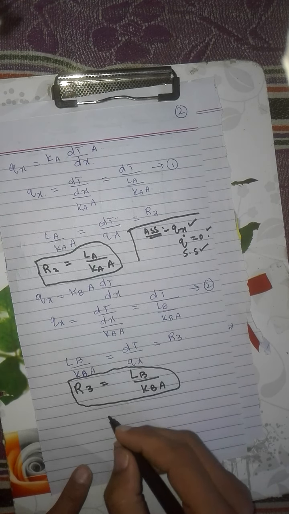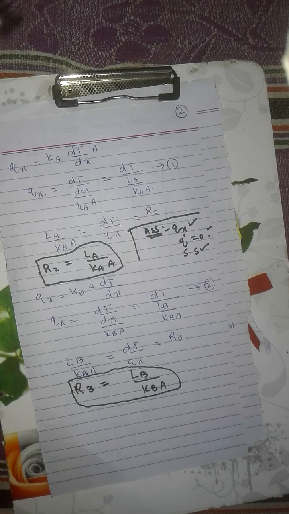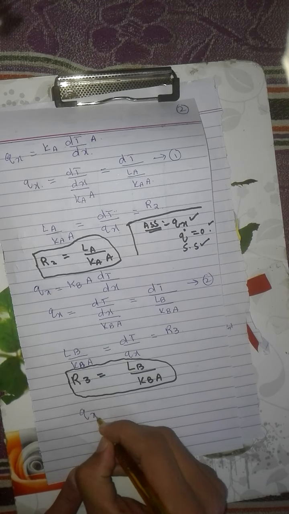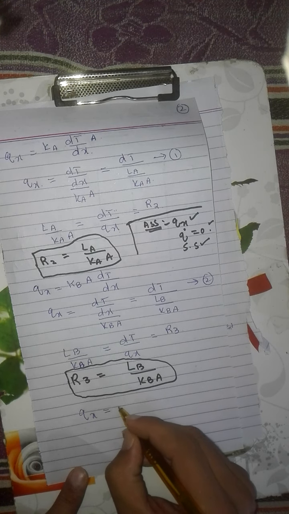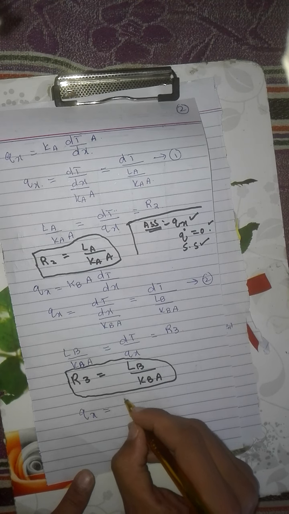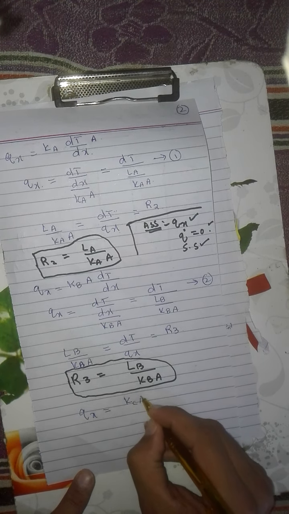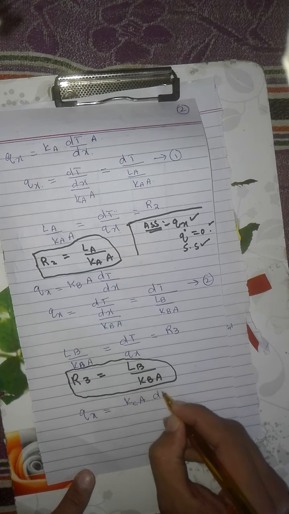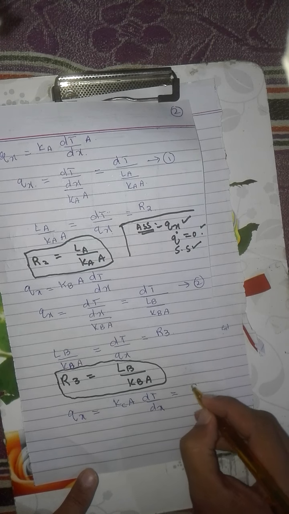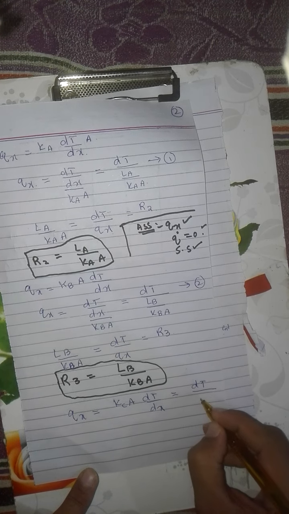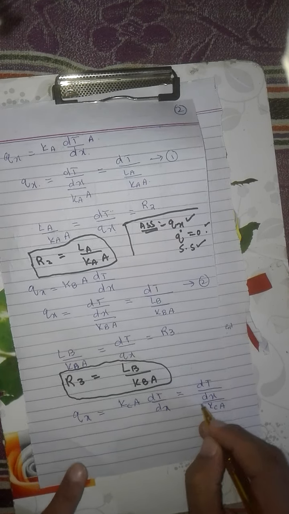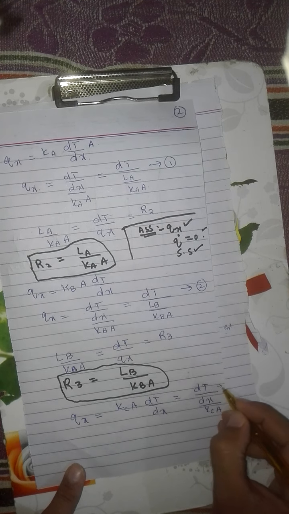Similarly, for wall C, from our assumption that the heat transfer is only in the x direction, the Fourier law of heat conduction is Kc into cross-sectional area into dt by dx. Now rearrange this equation: we will get dt by dx divided by Kc into area. Suppose this is equation 3.